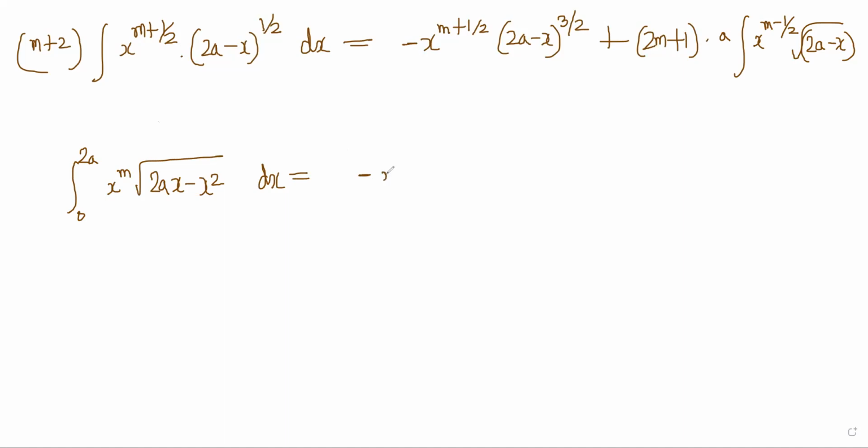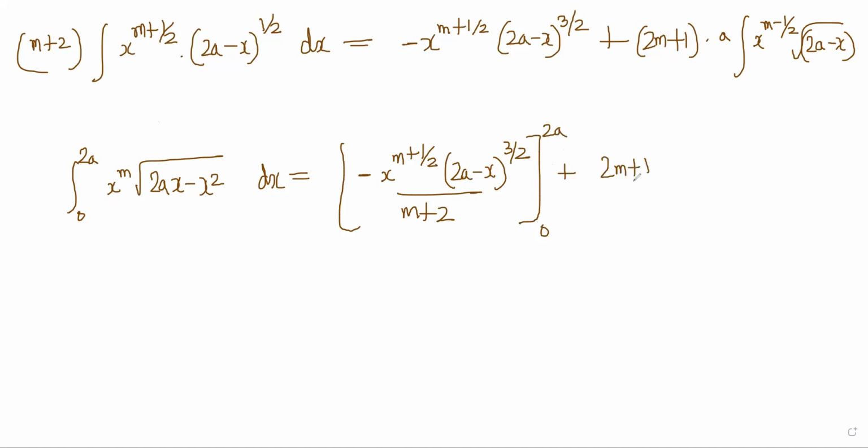We have minus x power m plus half 2a minus x whole power 3 by 2 divided by m plus 2 evaluated from 0 to 2a, plus (2m plus 1) divided by (m plus 2) multiplied by a an integral 0 to 2a x power m minus 1, because now root x goes inside, and root over 2ax minus x square, right, dx.